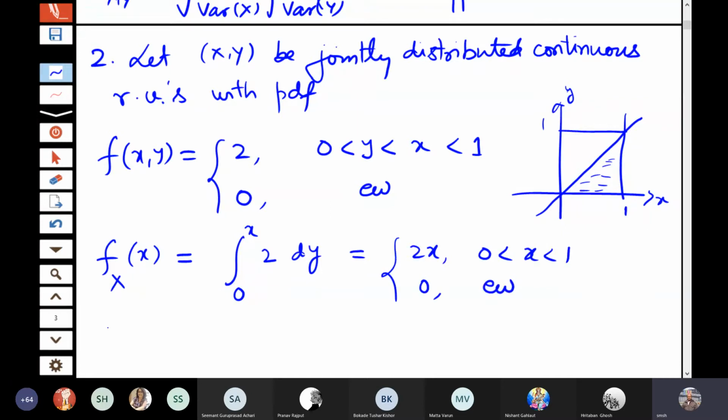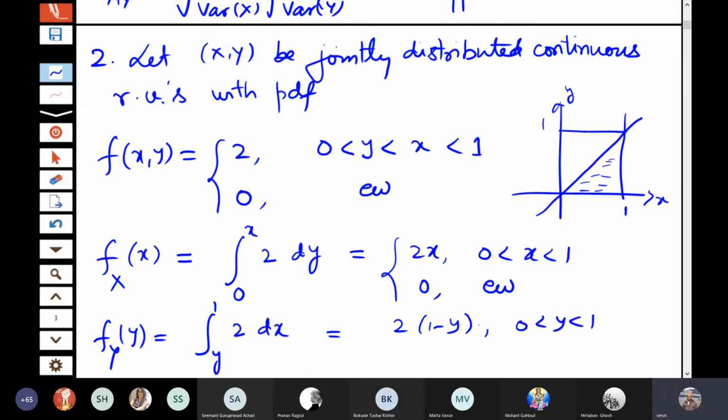Similarly, the marginal distribution of y is obtained by integrating the joint distribution with respect to x, and for a fixed y, the region of x is from y to 1. So it gives me 2 into 1 minus y for 0 less than y less than 1. It is 0 elsewhere.